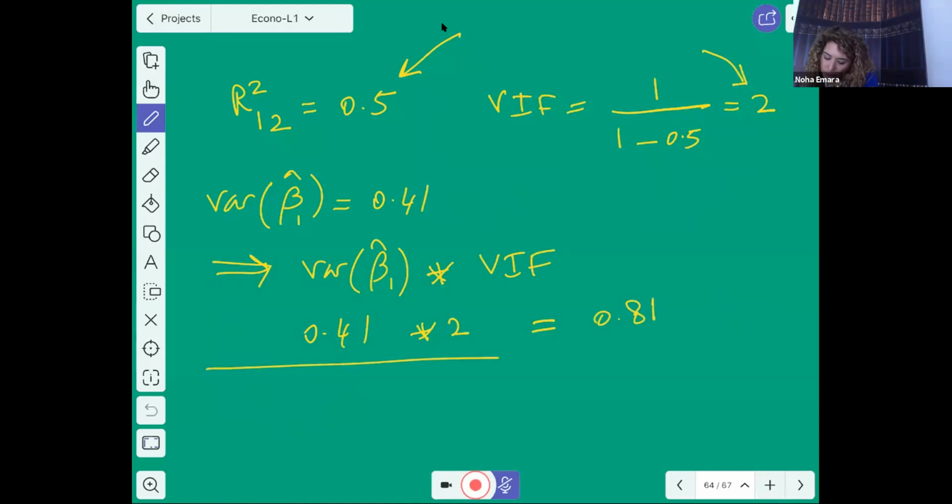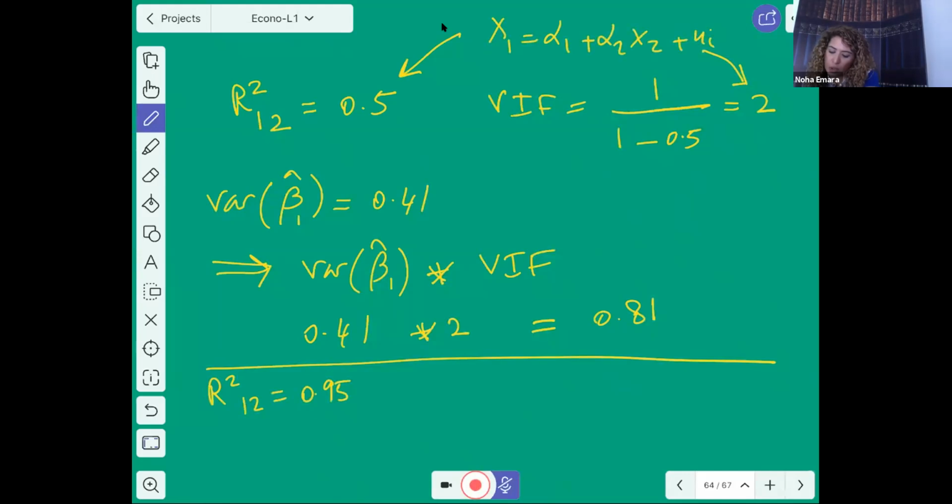What if the R square 1, 2 is actually bigger? Suppose it's 0.95. Instead of 50%, it's 95%. You can actually imagine it like this: x1 is equal to alpha 1 plus alpha 2 x2 plus ui. Then I'm talking about the R square.